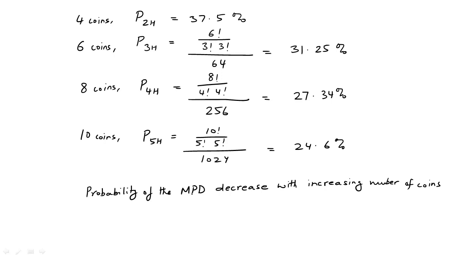Let us now explore the relative probability of the most probable distribution with increasing number of coins. So we want to know what is the relative probability of the most probable distribution with respect to the other distributions as we increase the number of coins.